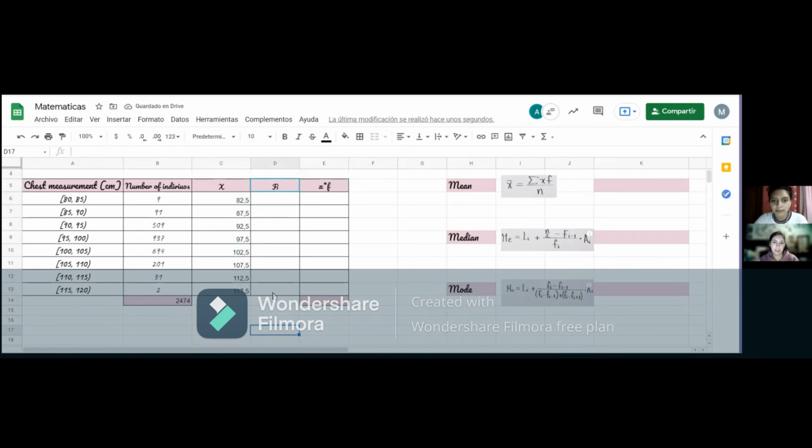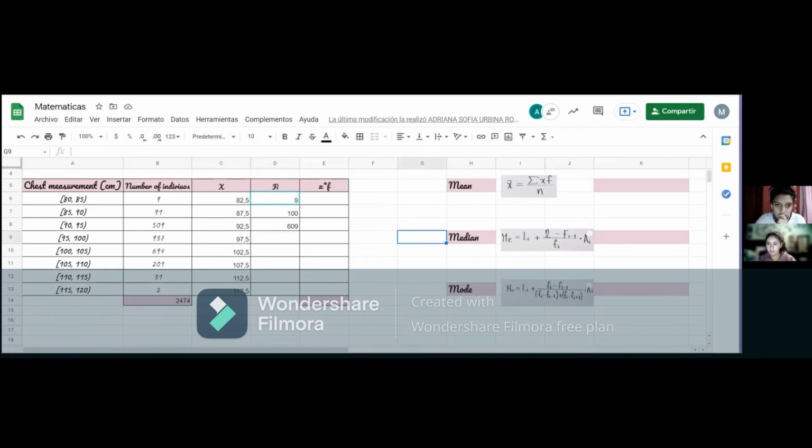For the future equations, we'll need the accumulated absolute frequency, which is the continuous sum of the number of data of each interval. In the first line, we only have the number 9. Then we'll add the next data, which is 91, which gives 100. Plus 509, which is equal to 609.